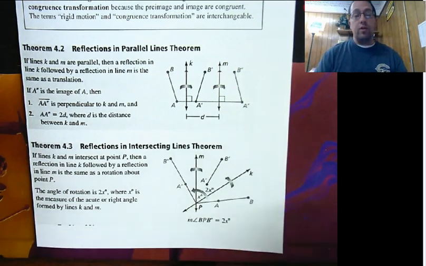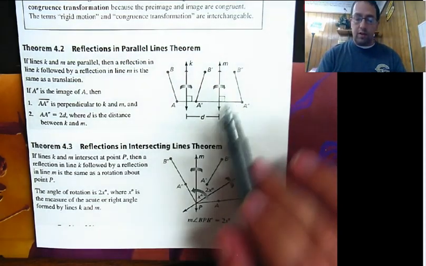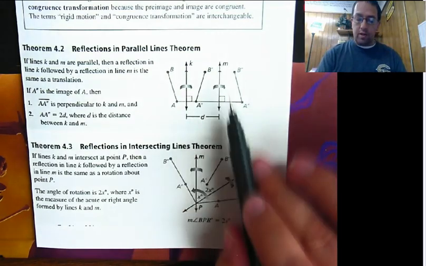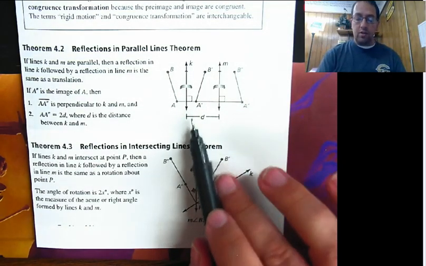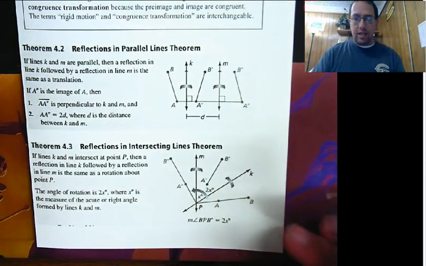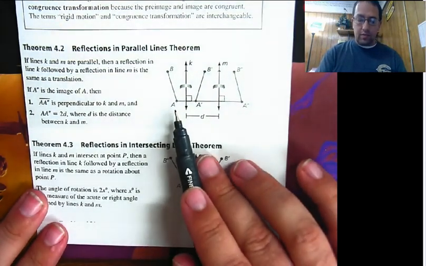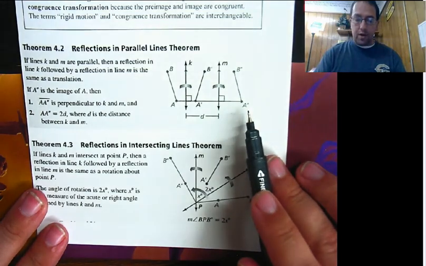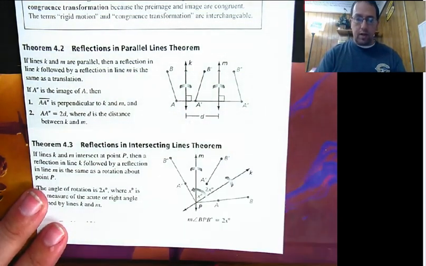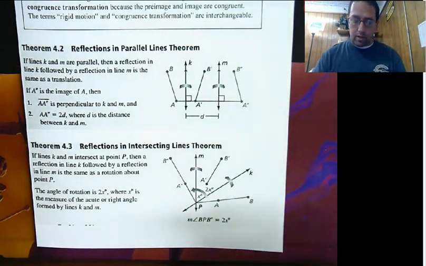Okay, because remember, reflections are always perpendicular to the line of reflection, because the line of reflection is the perpendicular bisector of A A prime, and this one is the perpendicular bisector of A prime A prime prime, which means that the distance from A to A prime prime is twice the distance between the two lines. Okay, what do I mean by this?